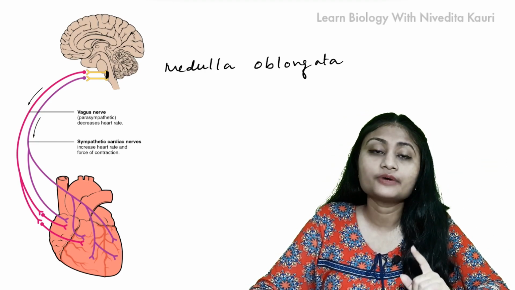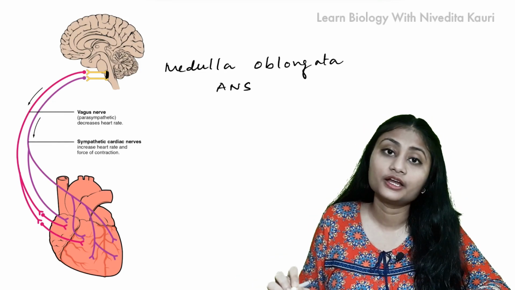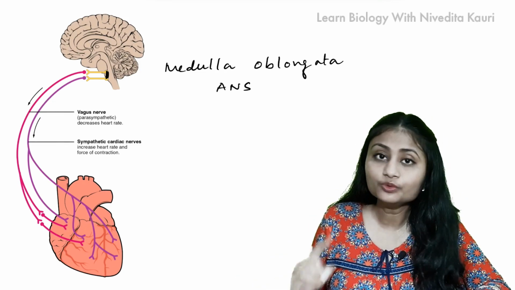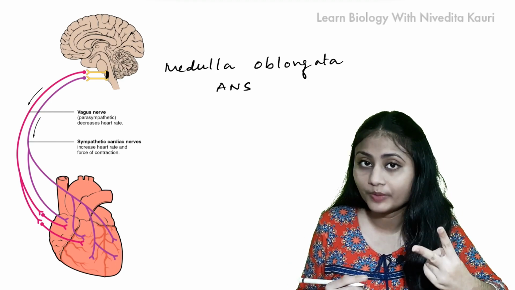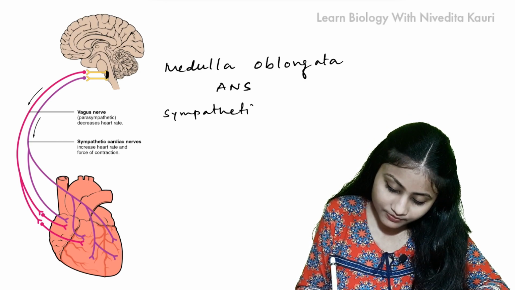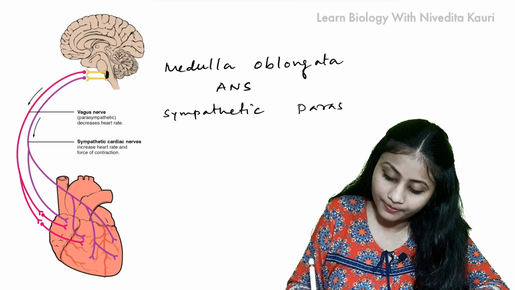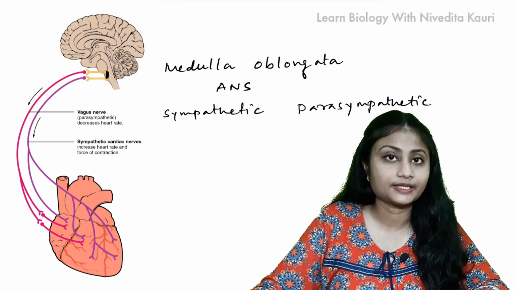It modifies our cardiac activity with the help of autonomic nervous system. You must be knowing that autonomic nervous system has two parts, the sympathetic nervous system and the parasympathetic nervous system.